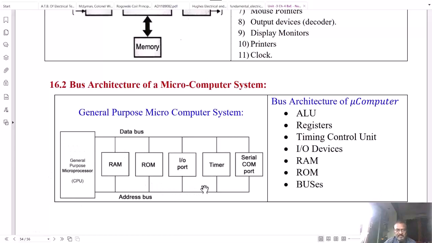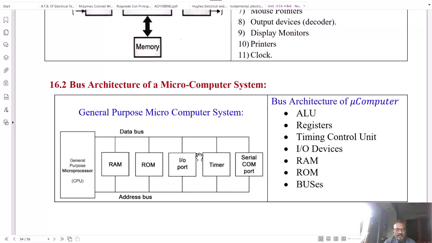They provide the data from the external device to the microprocessor. Whereas output ports are the ports which can send the data generated by the microprocessor system or CPU to the external world. So IO ports, input and output ports, are separately available in the system, and multiple input and output ports are available in the system. It depends on the system.